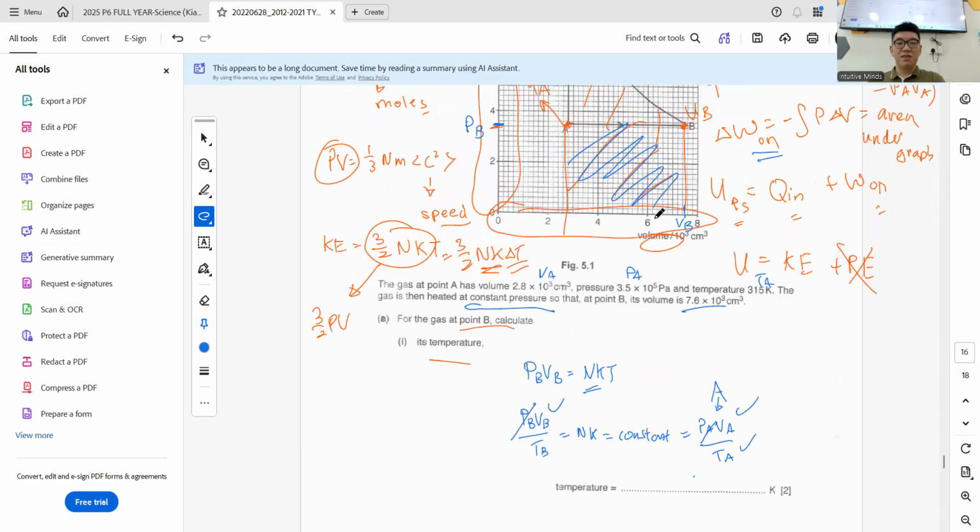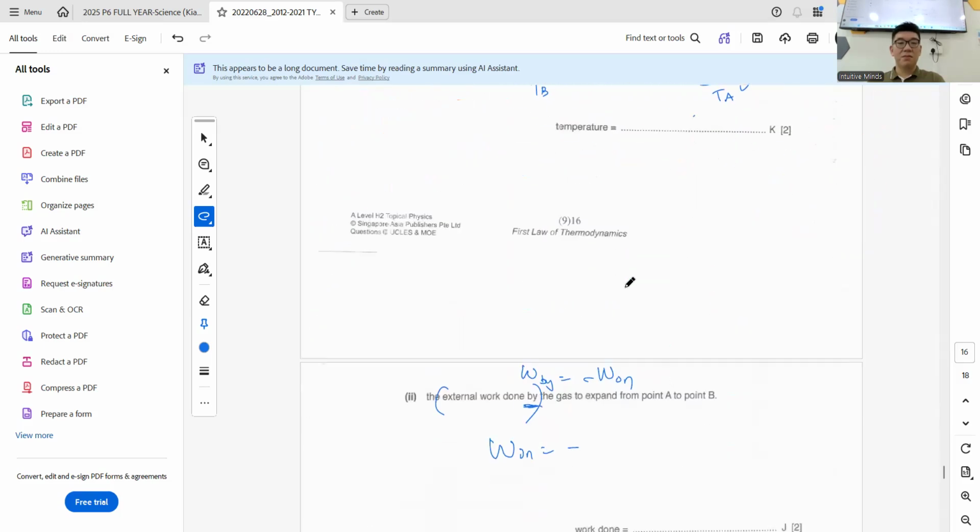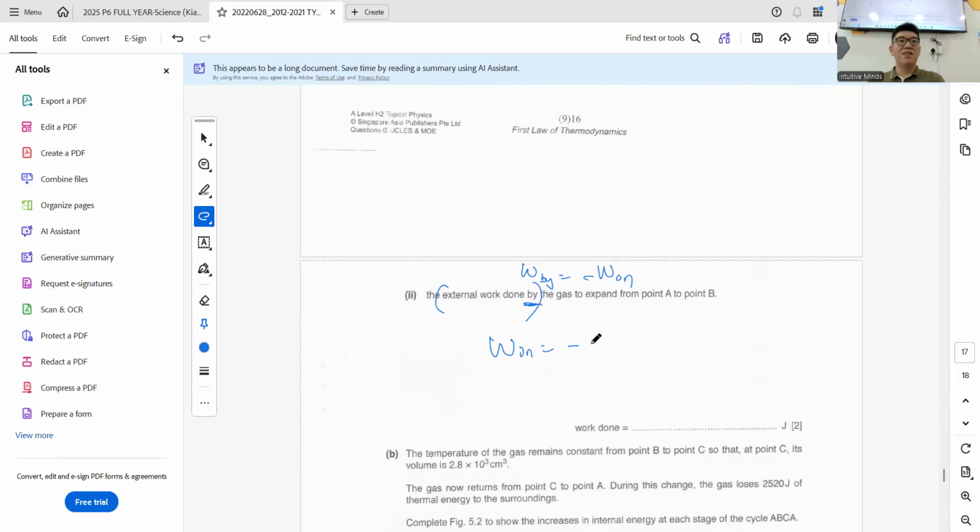Okay, so this is expansion. So W1 is already negative because it's expansion. So negative of the area that you find. For W on, expansion is negative, compression is positive.